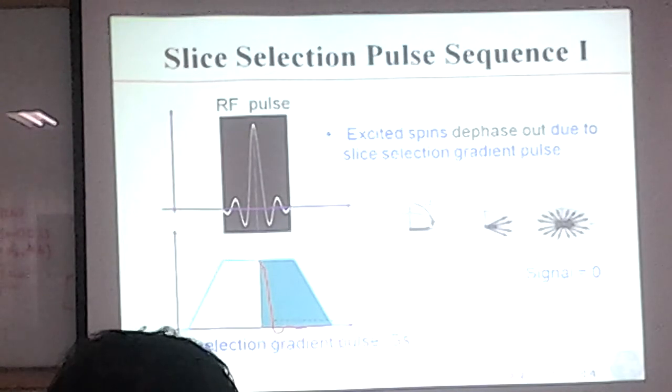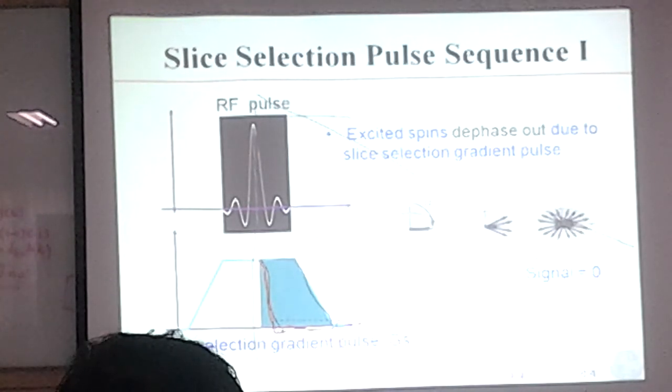This slide shows the slice selection gradient effect. Ideally, the signal after the RF pulse and the slice selection gradient, the FID, should be like this. But in practice, the signal decays like this. Before the end time of the slice selection gradient, all the FID signal has vanished here.